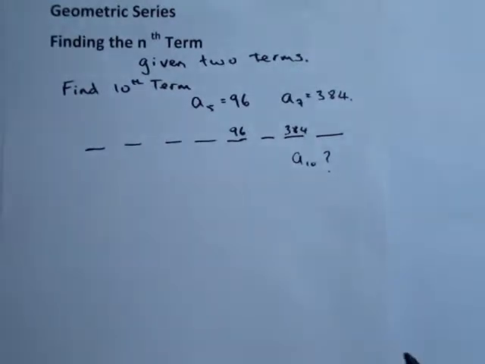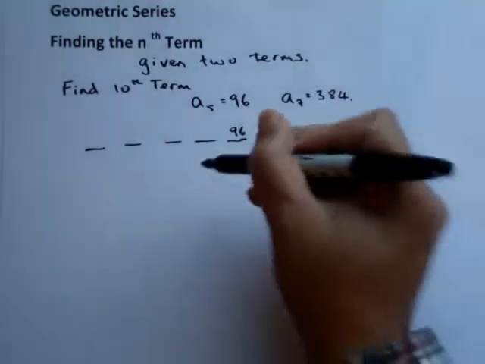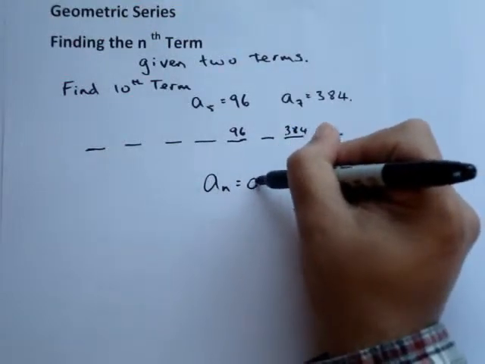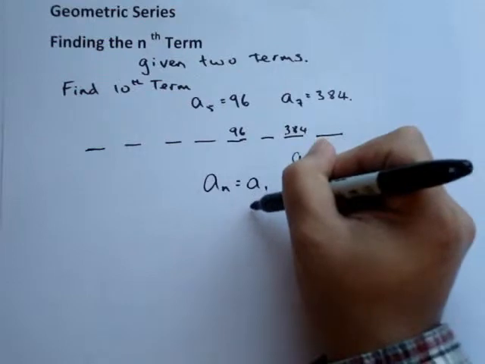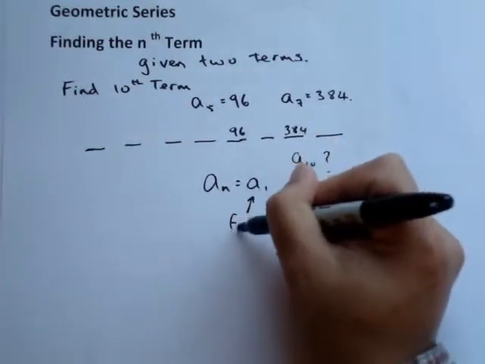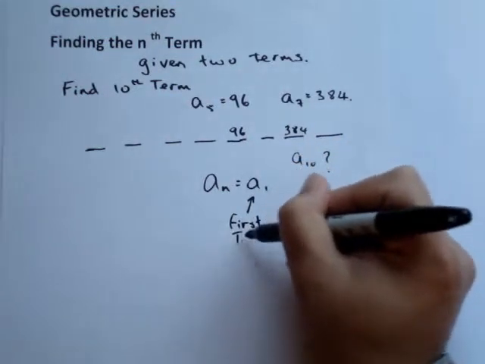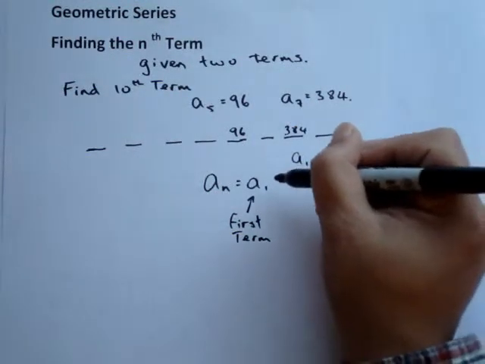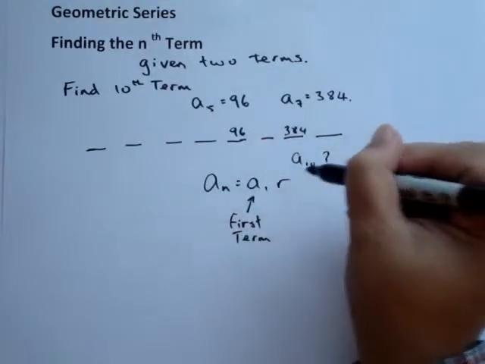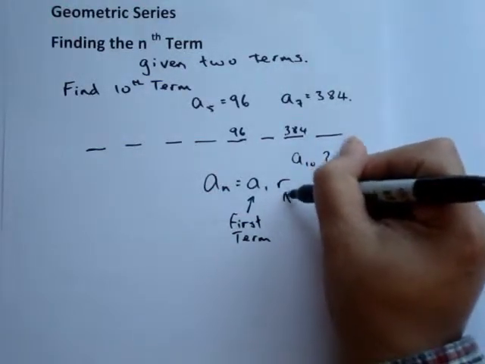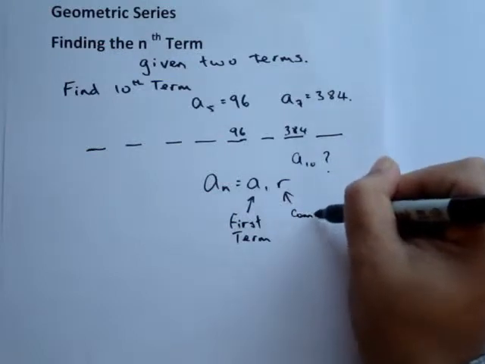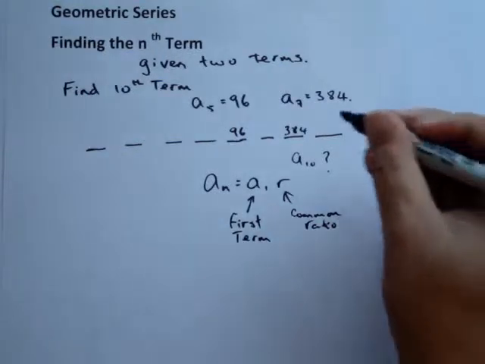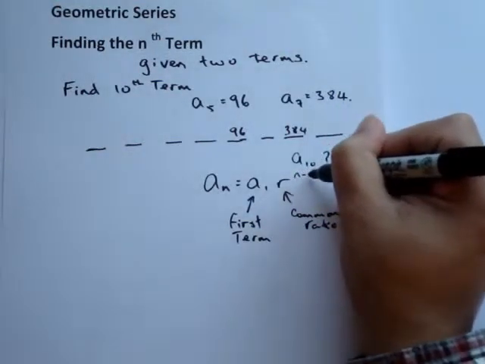So the formula we're going to use for geometric series is a sub n equals a1, which is our first term, multiplied by r, which is our common ratio, to the power of n minus 1.